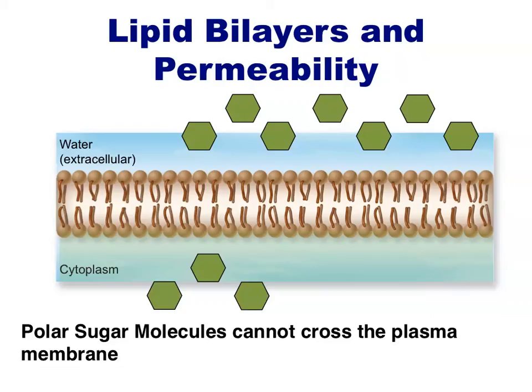Without this channel, the difference in concentrations between either side of the membrane will not change, since these polar monosaccharides cannot cross. But we can notice in this example that the extracellular side of the membrane has a higher concentration of the sugar compared to the cytoplasm.